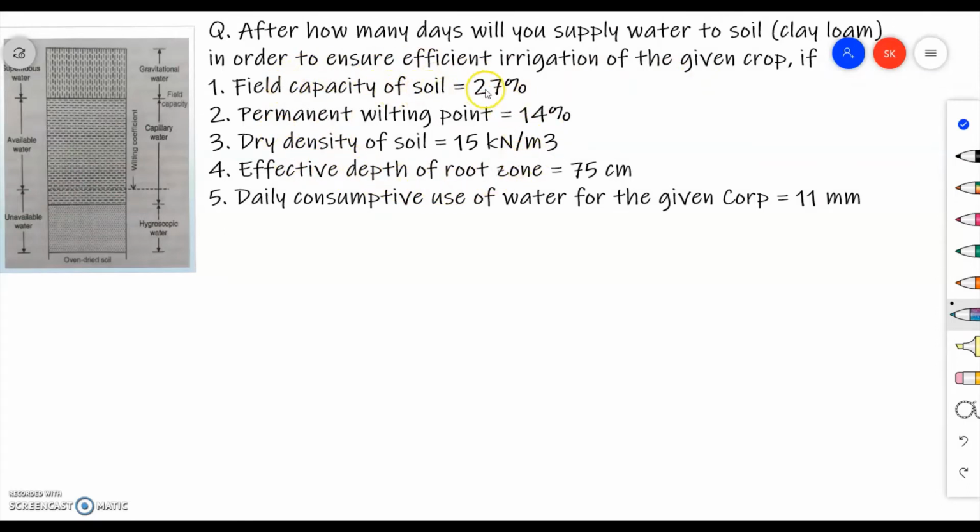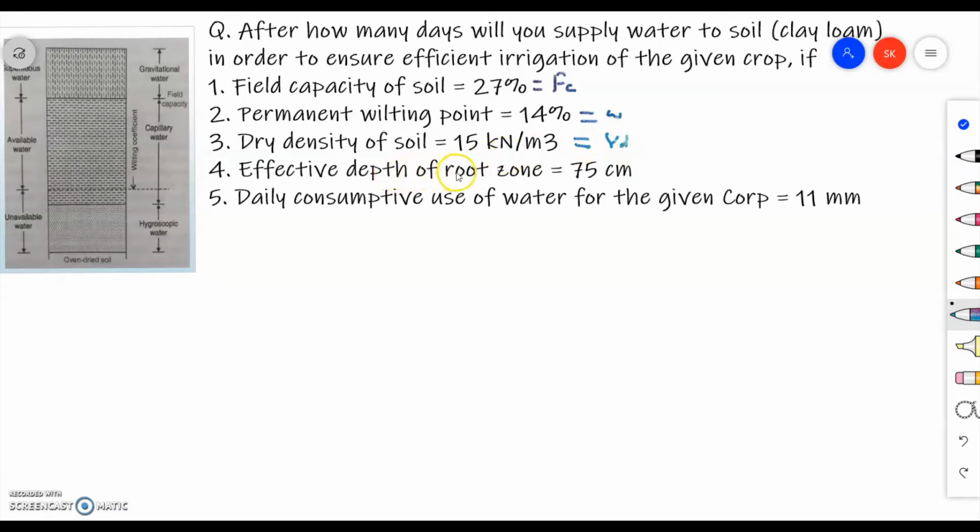So field capacity of the soil is 27%. I will mention the field capacity as FC. Then permanent wilting point, that is 14%. We can mention permanent wilting point as PWP, or simply W. Then dry density of the soil is 15 kilonewton per meter cube, that we can represent as gamma D, the dry density of the soil.